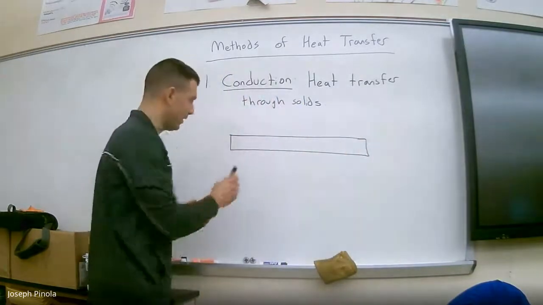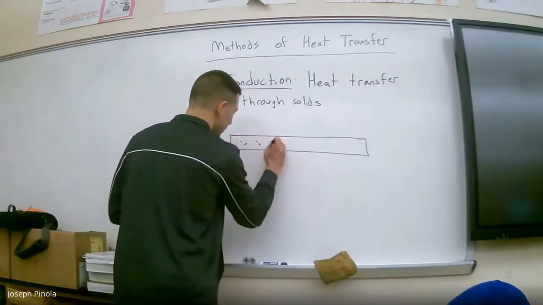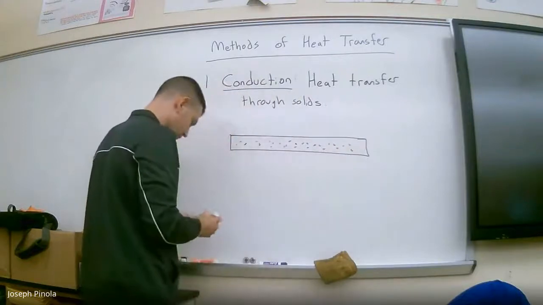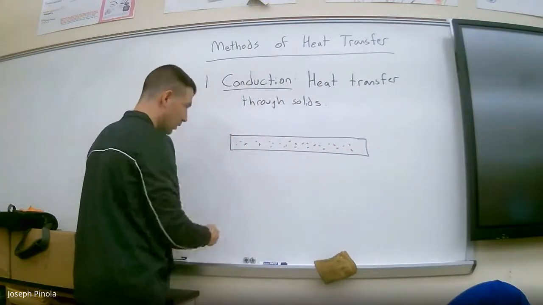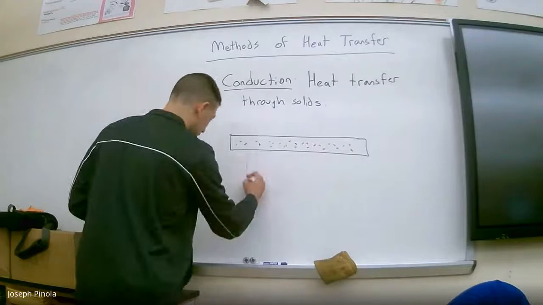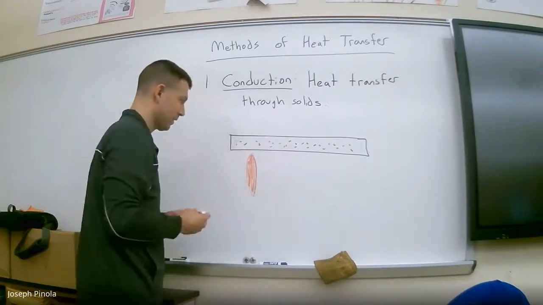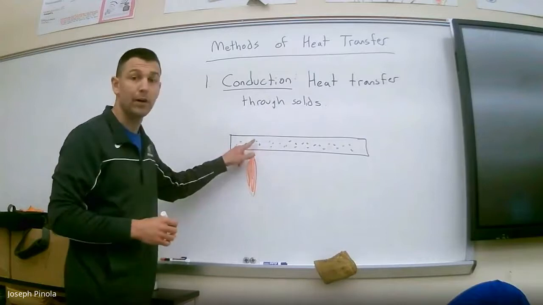Inside our metal rod, there are lots and lots of different tiny little particles. When I heated up the particles at one end by putting them in the flame, they started moving around a little bit faster.